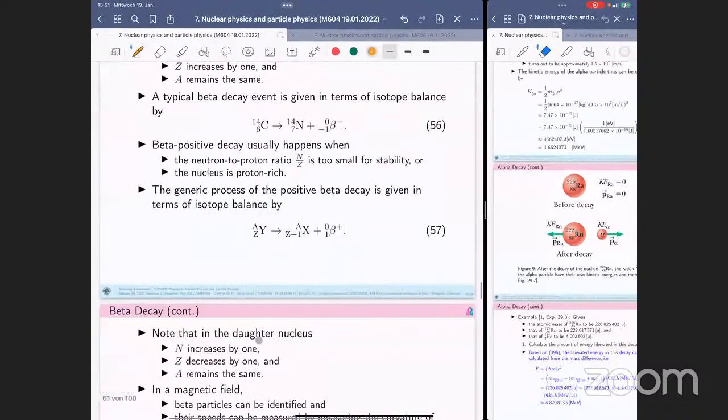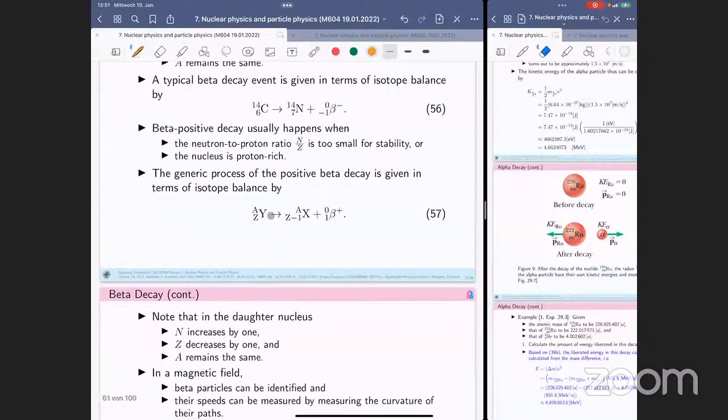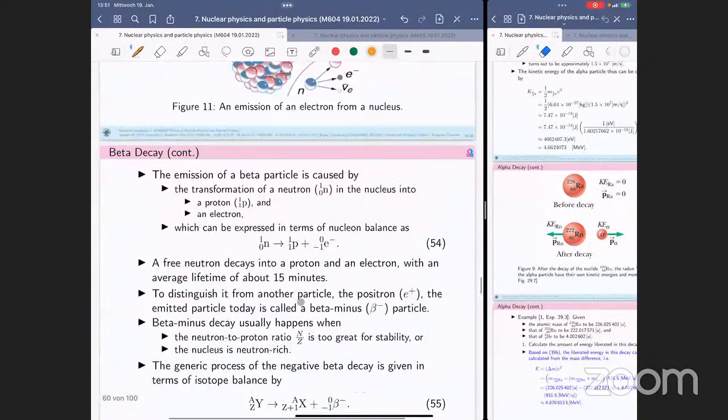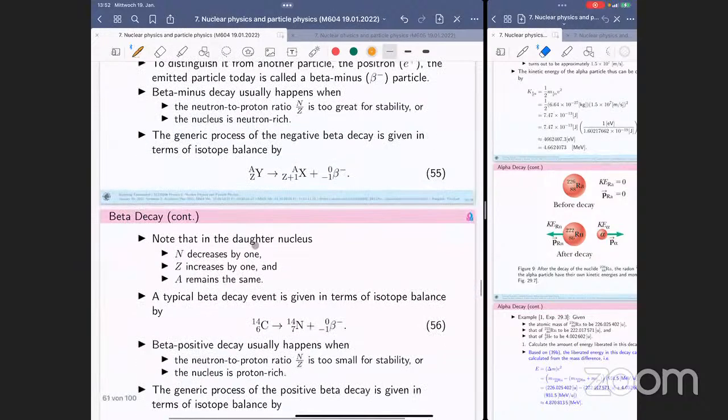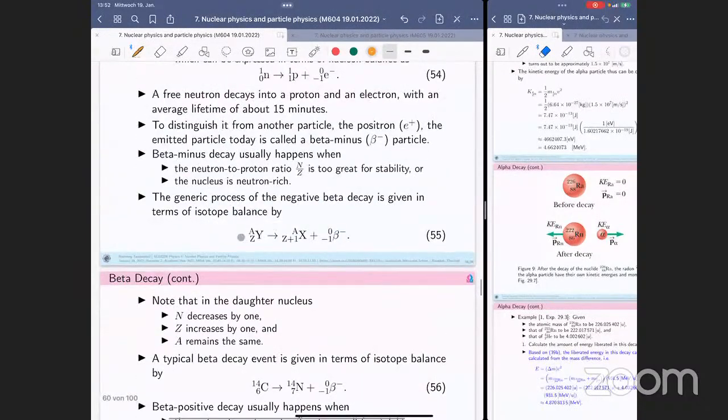Once we have 1 more proton, we have a new element, no longer Y, it's a new element X. A remains the same because the number of nucleons will be the same. Whether a neutron is converted to a proton or a proton to a neutron, they still stay inside the nucleus.